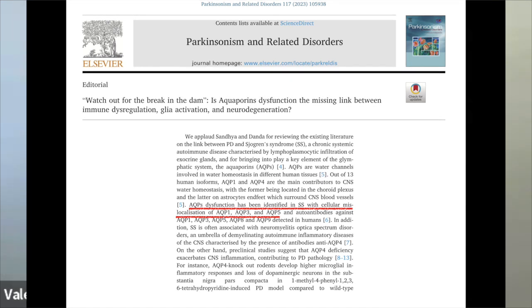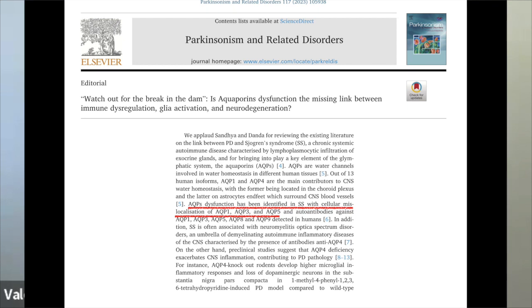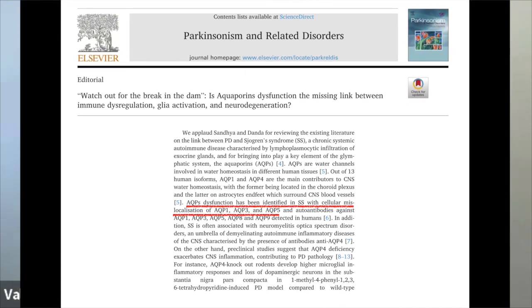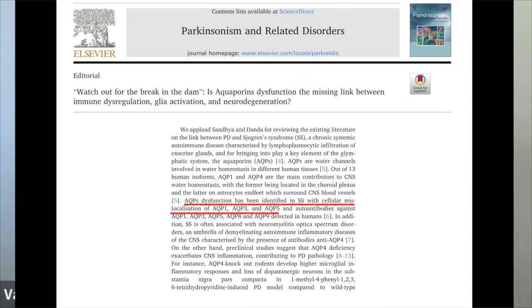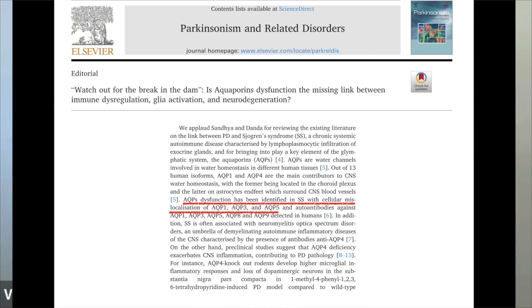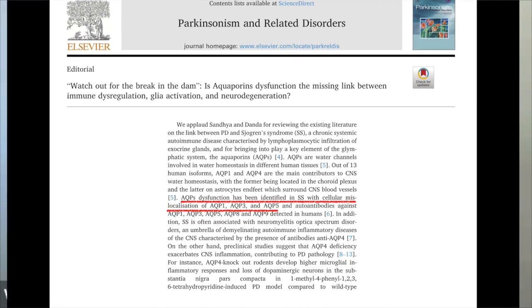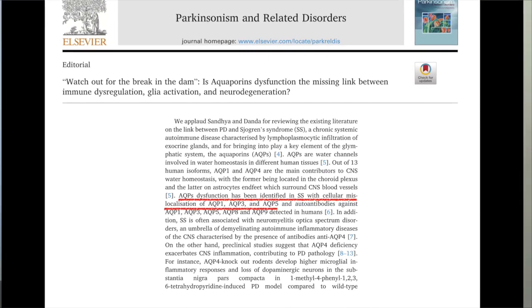Essentially, also in Sjogren's syndrome, which is a chronic autoimmune disorder mainly characterized by lymphoplasmacytic infiltration of the exocrine glands in the human body, we have again a mislocalization of different types of aquaporins, mainly aquaporin 1, 3, and 5.